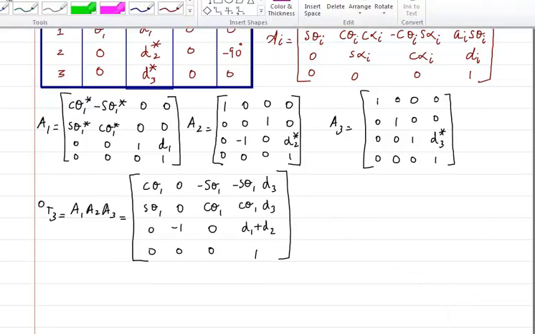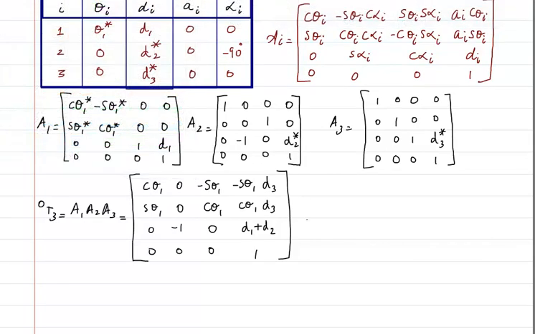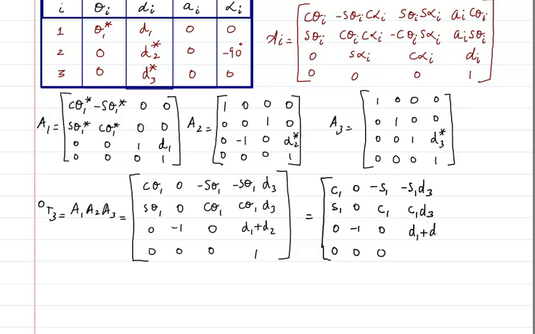Sometimes it is written in short form, instead of cos theta 1 we straight away write C1, S1, 0, 0; 0, 0, minus 1, 0; minus S1, C1, 0, 0; minus S1 D3, C1 D3, D1 plus D2, and finally 1.